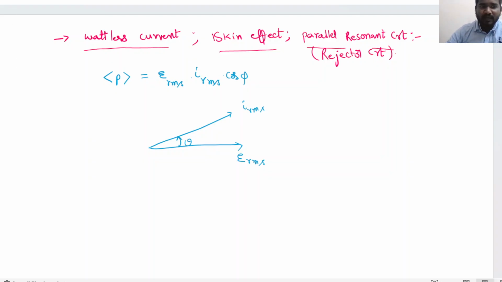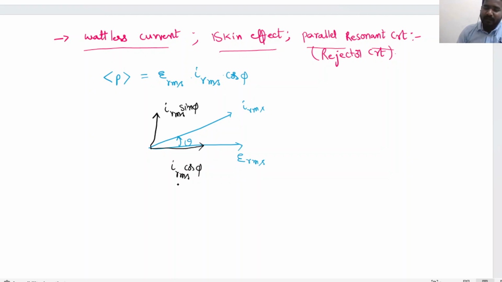Now the current we can resolve into two different components: one along the ERMS, that is IRMS times cos phi, and one perpendicular to ERMS, acting in this direction, that is IRMS sin phi.